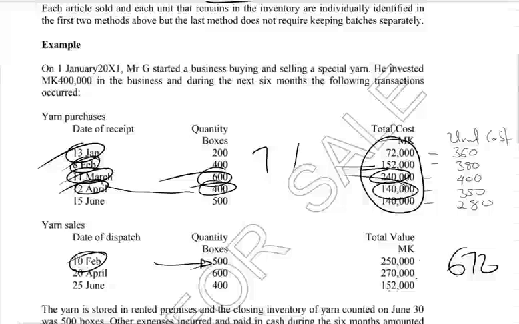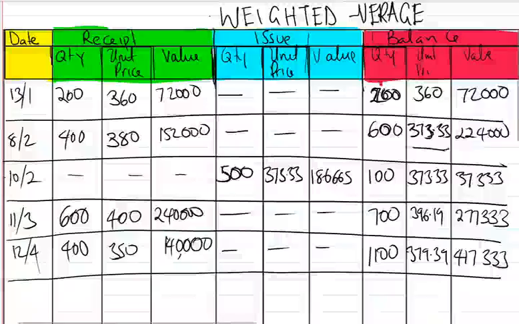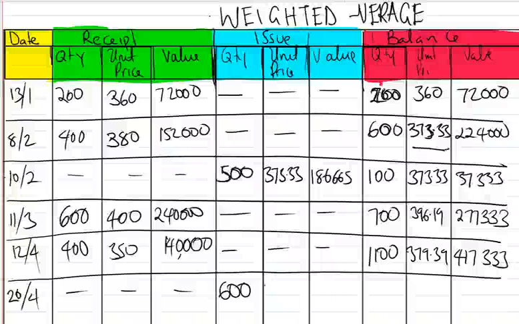Now let's go to the next, which is 20 April. They actually sold 600. This will be based on the recently calculated weighted average. So it's going to be 379.39.